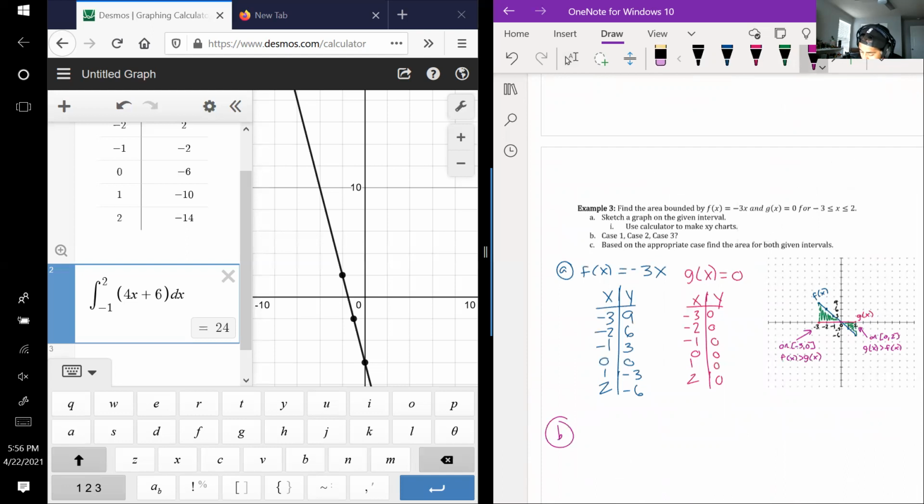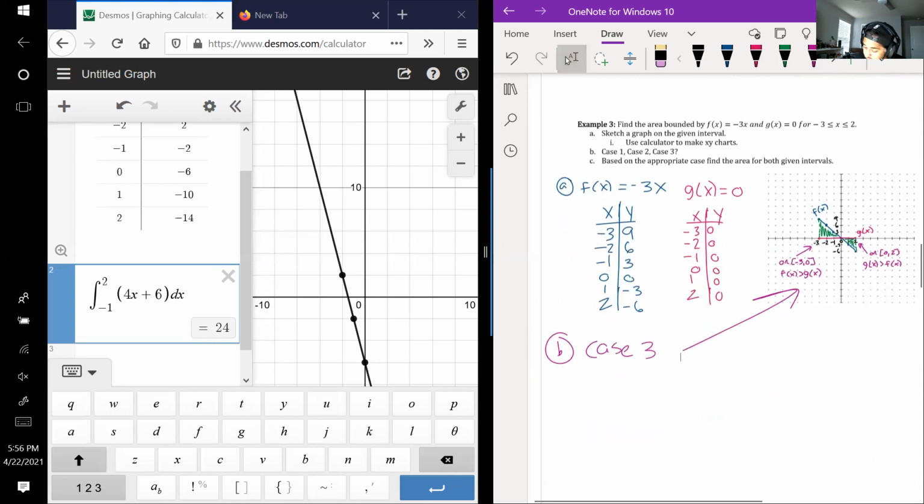Okay. And the setup for a case 3 is going to be the integral from a to b of f of x minus g of x dx plus the integral from b to c of g of x minus f of x dx.